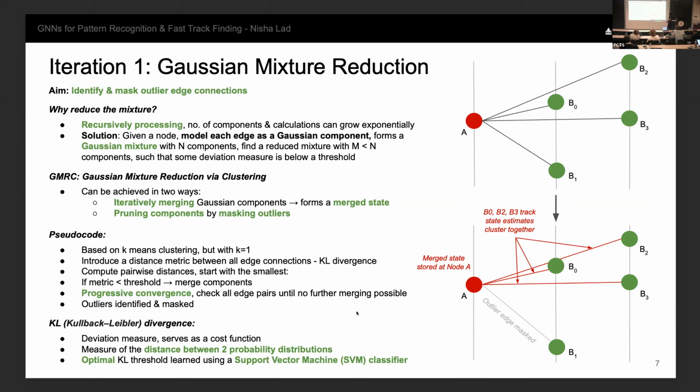This distance metric serves as a cost function, and it's a threshold for saying, okay, this edge is going to be within our cluster or not, and if it's not, then it's an outlier, and we can mask it. And the optimal KL distance was learned using a support vector machine SVM classifier, which was trained separately to this GNN, and the results from that were fed in with FastLookup.